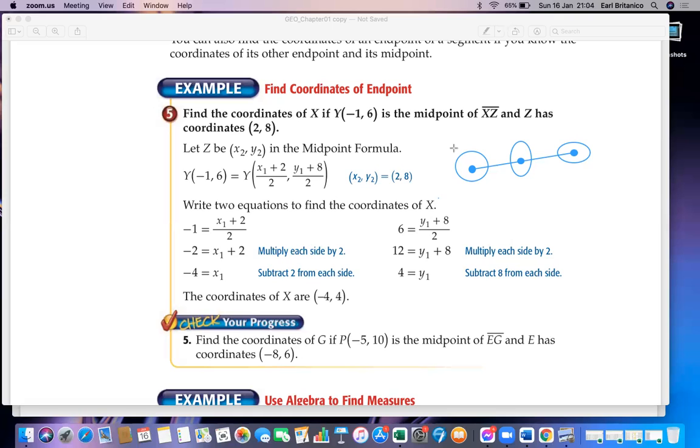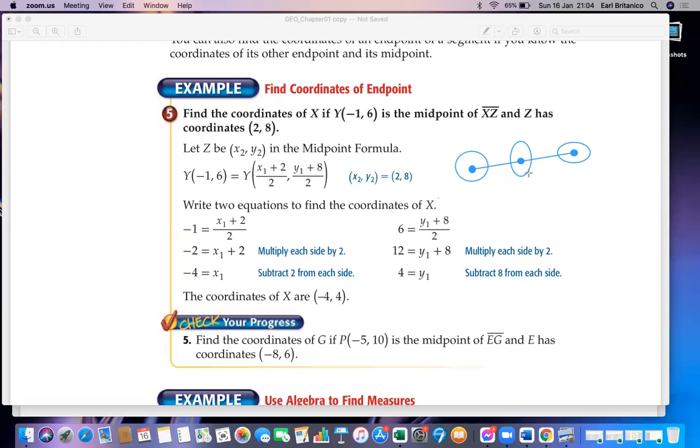Remember from a while ago, first point x1, y1, second point x2, y2, and then you get the midpoint. Here we don't have x1, y1, but we have x2, y2 for z, and we have the midpoint, negative 1, 6.